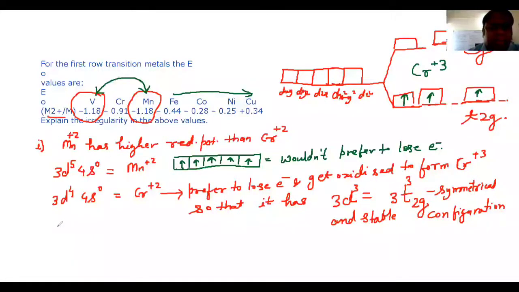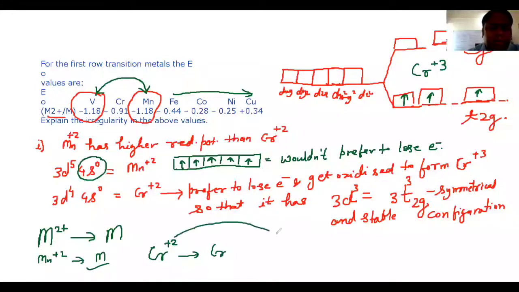Let me explain this once again. What is happening here? We have to see for the reduction in which M2+ is becoming M. That means manganese 2+ becoming M is more easy, or Cr2+ becoming Cr is more easy. This is more easy because it would like to take its electron back in the s orbital.